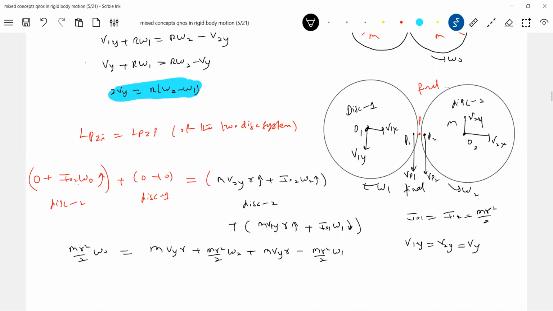But we don't know omega 1, omega 2. I think omega 2, omega 1 and Vy are there. So how many unknowns are there? Anybody just solve it.